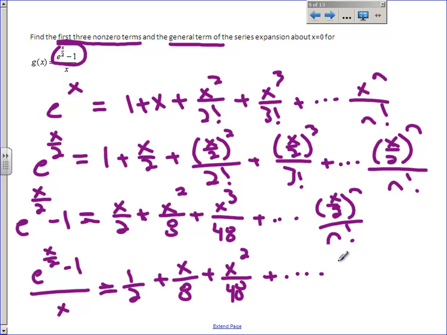And we come all the way out here. And I'm going to rewrite that general term as x to the n over 2 to the n times n factorial. It's x to the n over 2 to the n, and I just dropped the 2 to the n down. So removing one power of x would be x to the n minus 1 over 2 to the n times n factorial. So that would be the first three non-zero terms and the general term for that one.